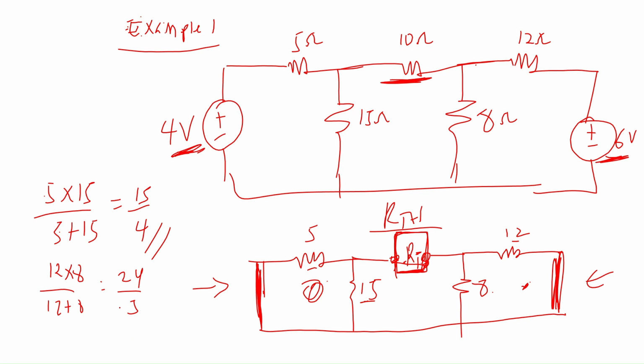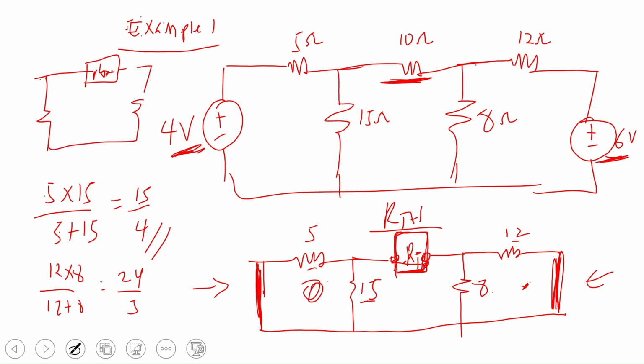Now, if you would draw the circuit again, you realize that RTH is here. Then when I put the two resistors, let me put the answers on these. So here becomes 15 on 4, and here becomes 24 on 5. And we can easily see that this and this are in series.